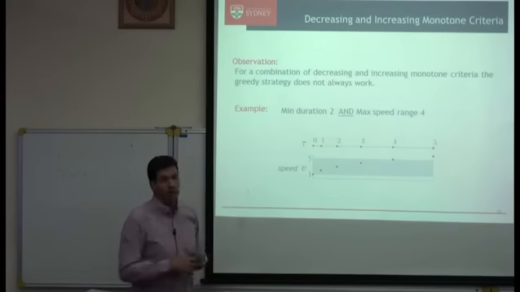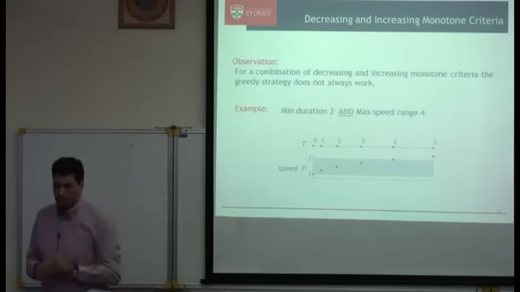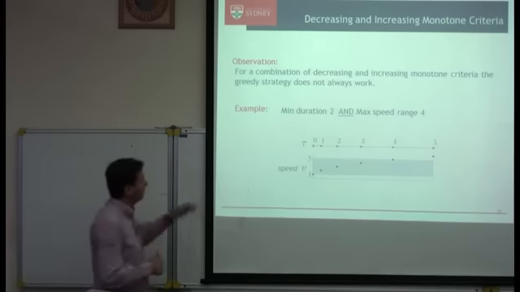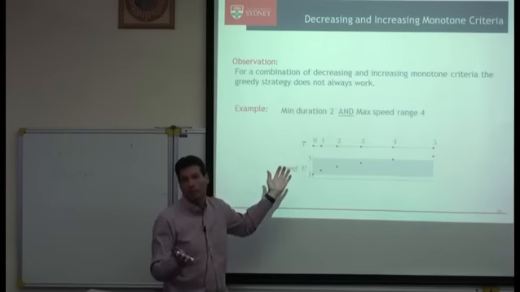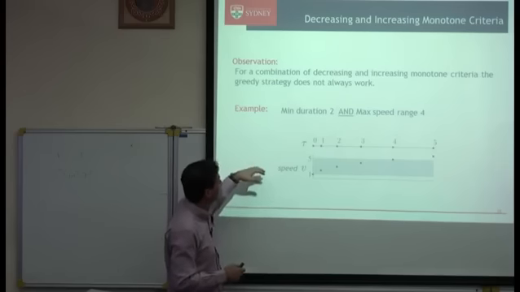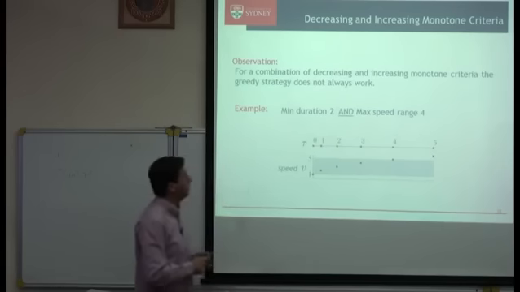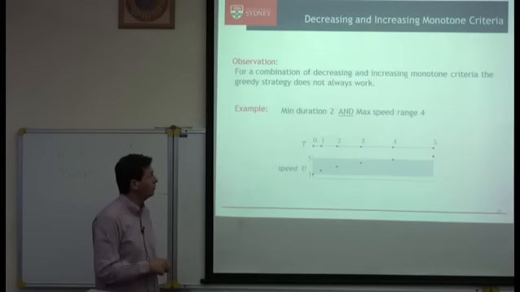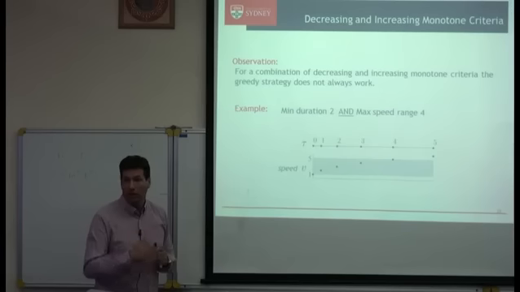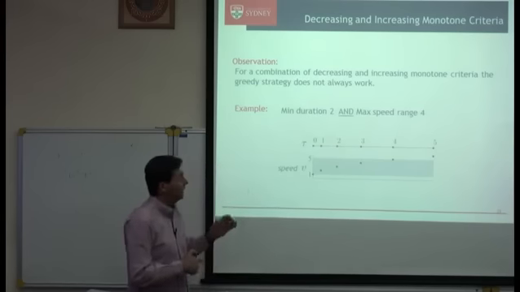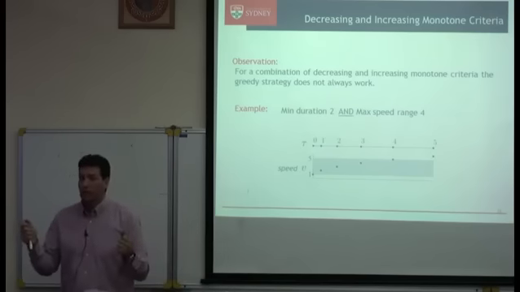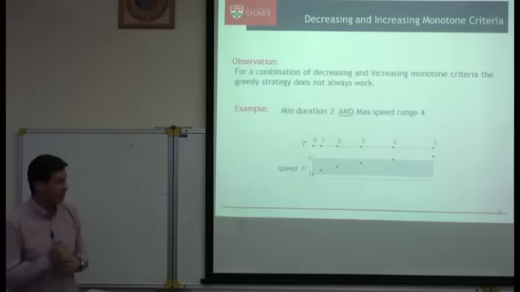Okay, but so this was for decreasing monotone. And even if we put some very simple increasing monotone constraint on it, then we see that the greedy algorithm doesn't work, which is kind of obvious. For example, if we want the minimum duration to be 2 and the max speed to vary by at most 4, so the range of the speed should be between, say, 1 and 5 in this case, and a segment has to contain at least 2 edges.